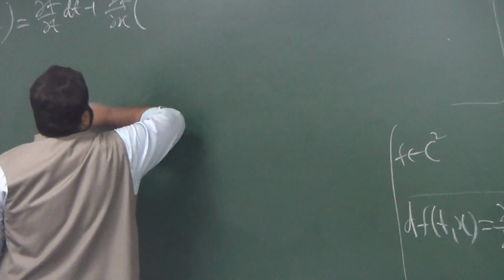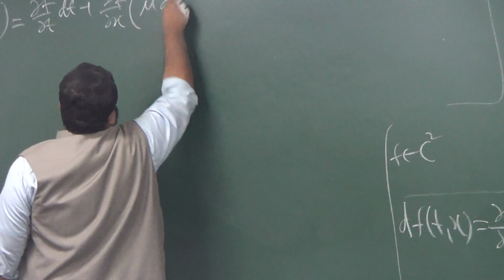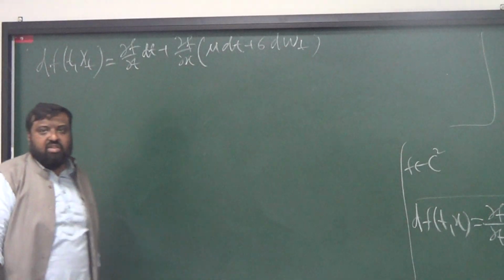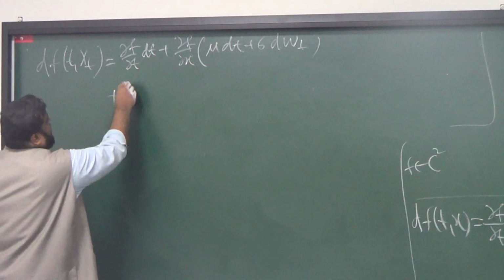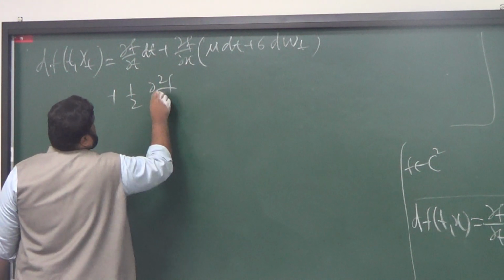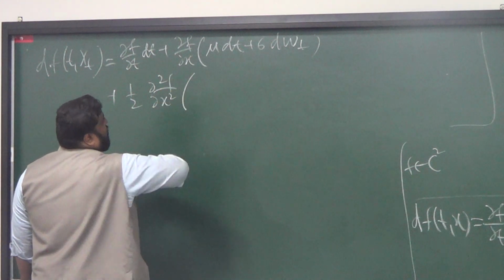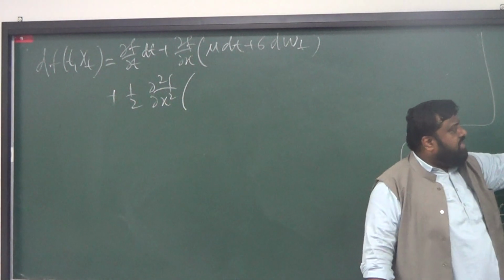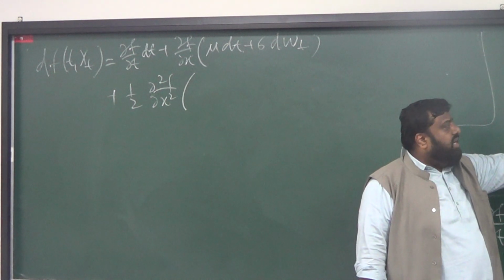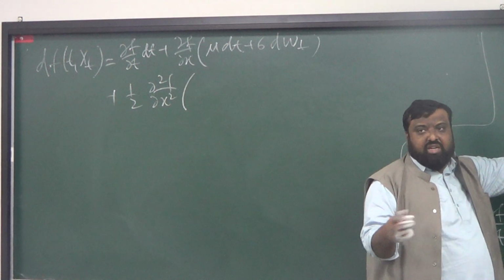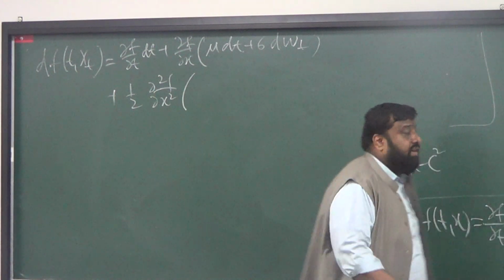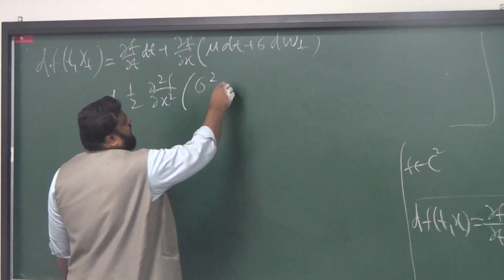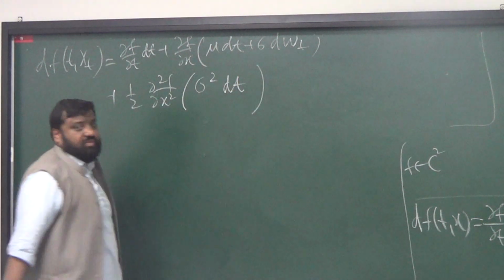But if I wish, I can substitute this mu dt plus sigma dwt here, plus 1/2 partial 2f by partial x2 of what you're going to have. We're going to square this. The first term will go away, the middle twice term will go away, and only the last term will survive, so we get sigma square dt.